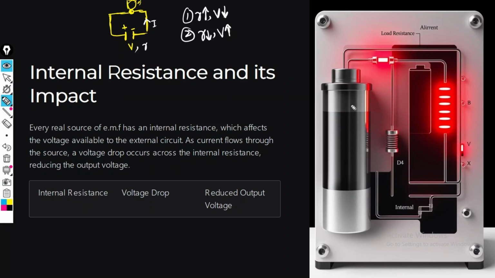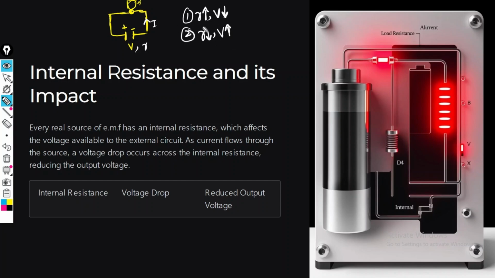That internal resistance has some effect in the circuit. So here I have written that every real source of electromotive force, and in this case the battery is the source of electromotive force, as I discussed in the previous video, has internal resistance, which affects the voltage available to the external circuit.